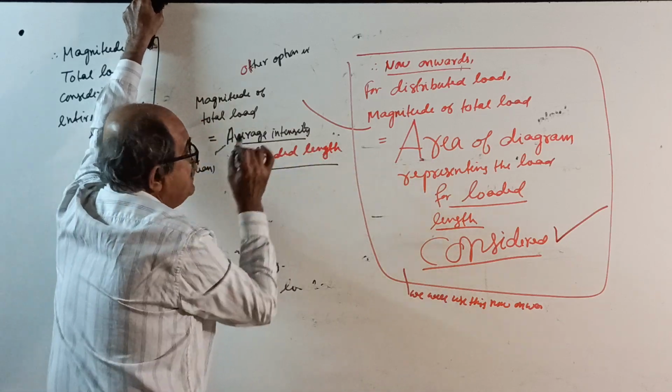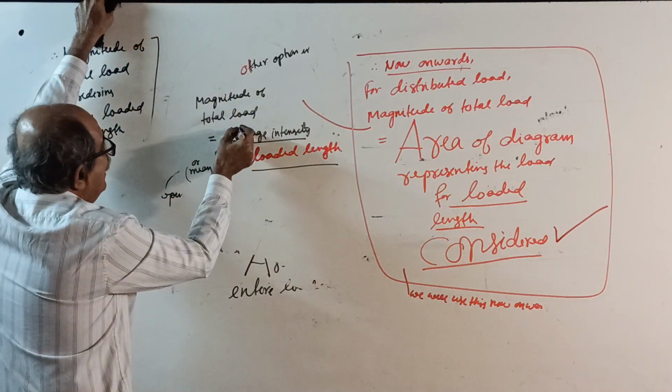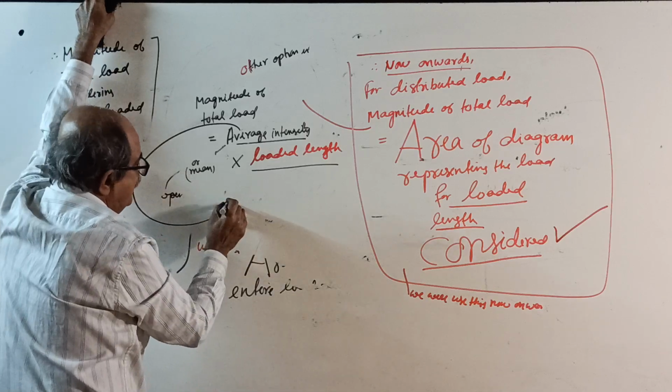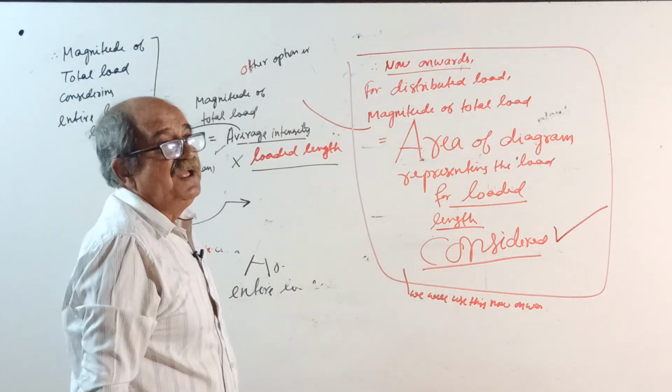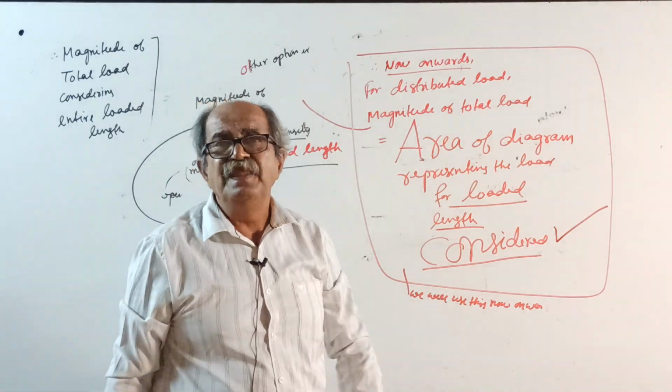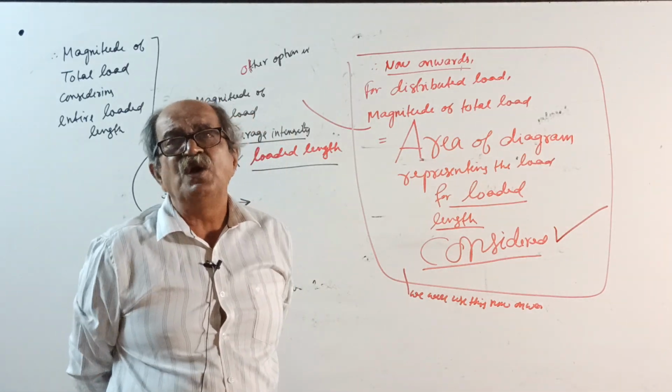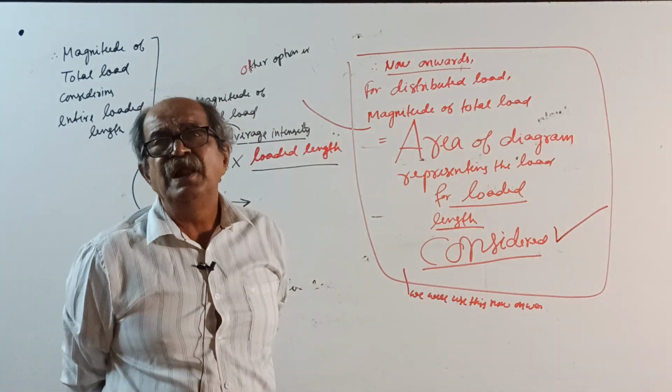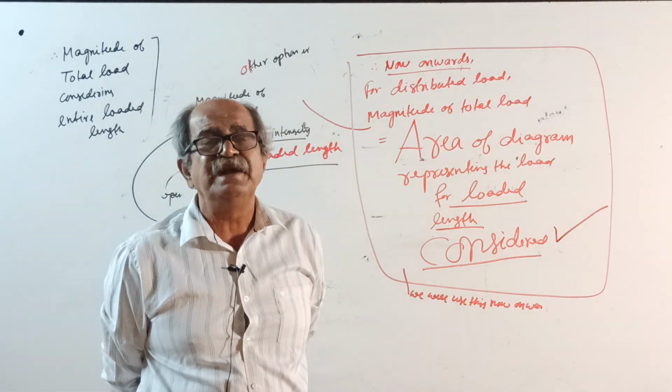How to find average intensity? Make a note here. If it is constant, UDL, there is no average, everywhere constant.